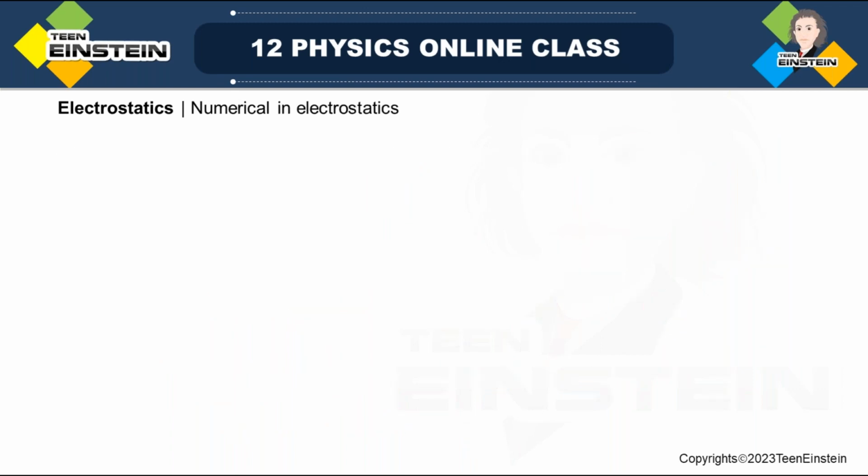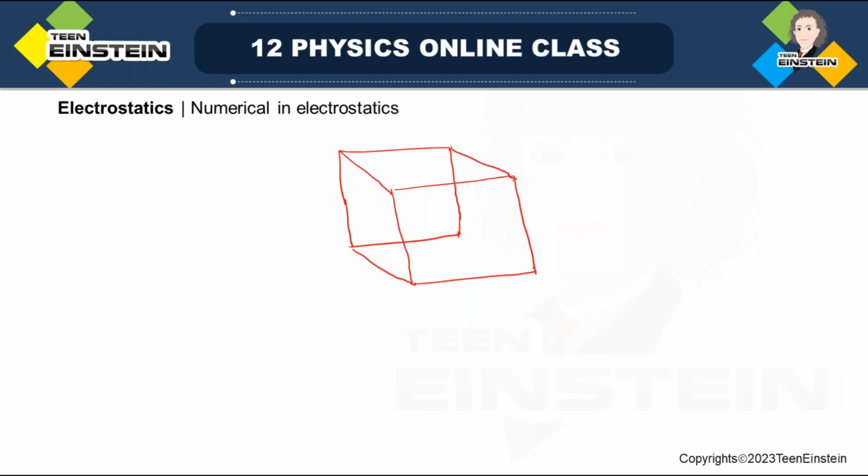The question is this: a charge is now placed at the corner of a cube.